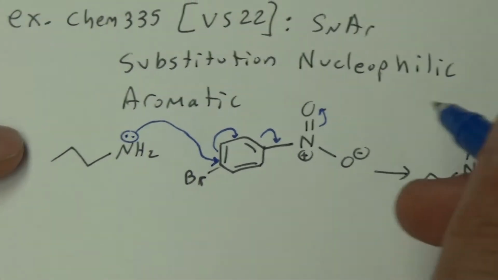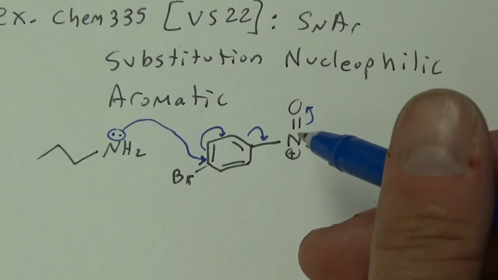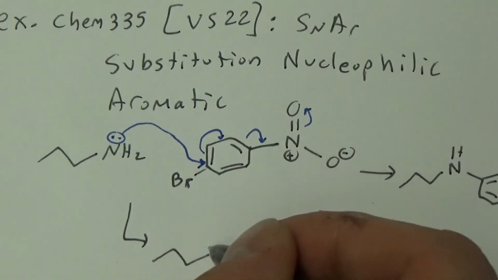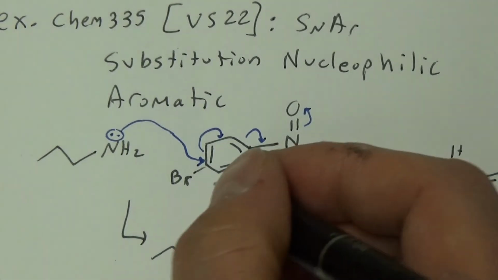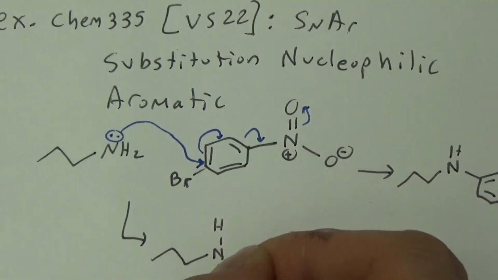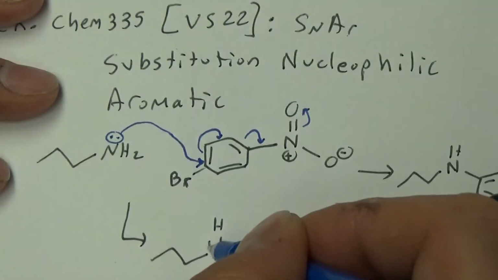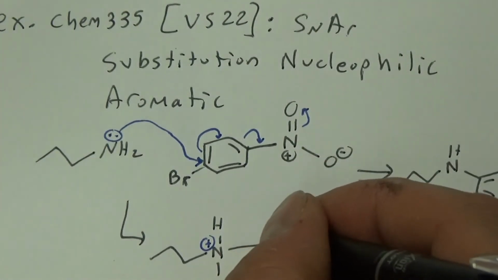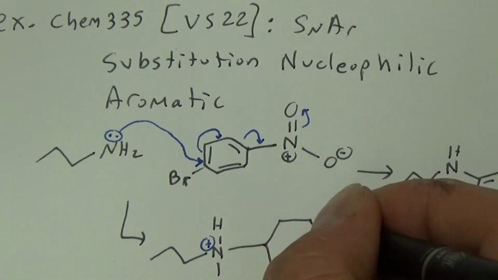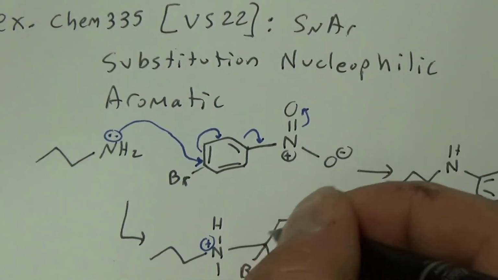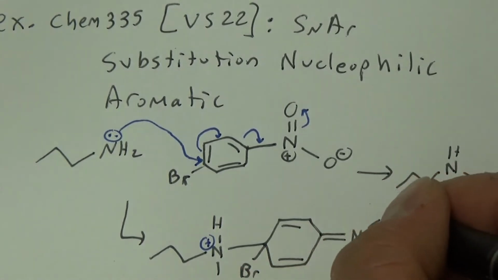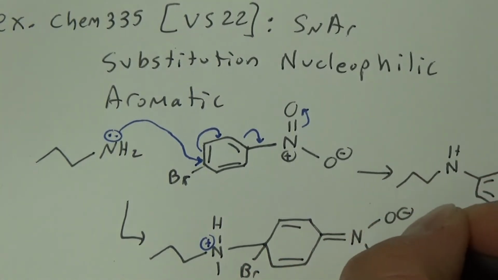Okay. So those two things connect, and N-H plus charge. Then we still have our bromine on there. Double bond, nitrogen, O minus, O minus.